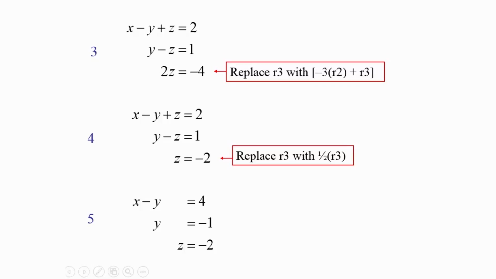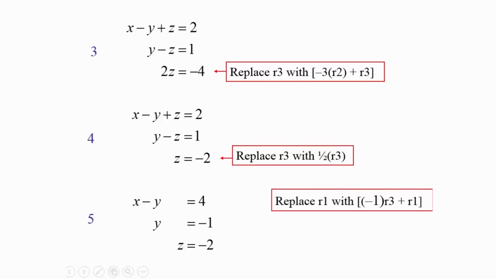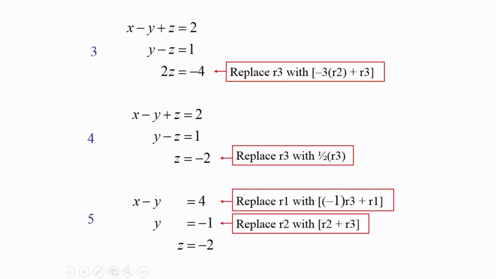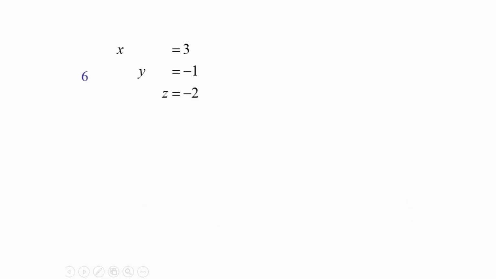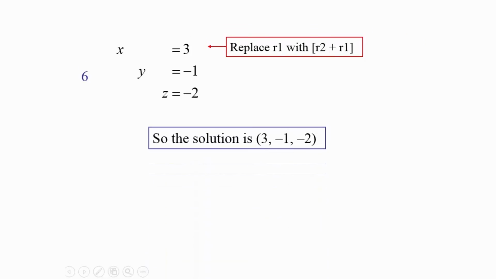And finally, in the first one, you replace z with minus 2 and y with minus 1, x would be 3. Therefore, the common point is x of 3, y of minus 1, and z of minus 2.